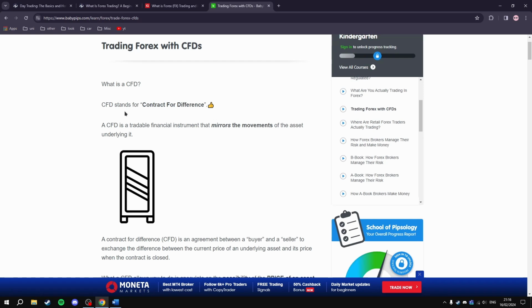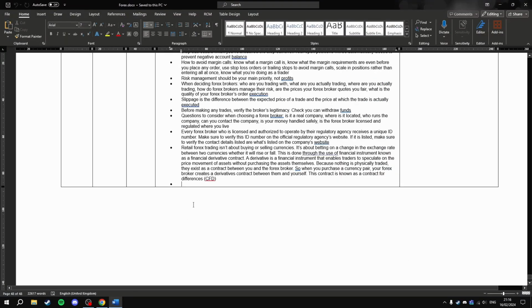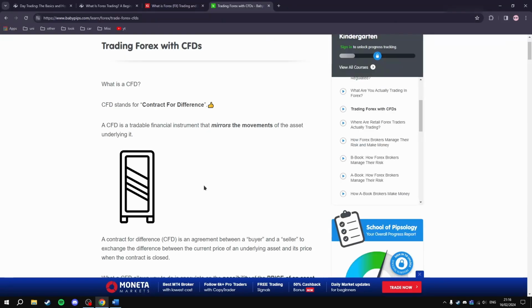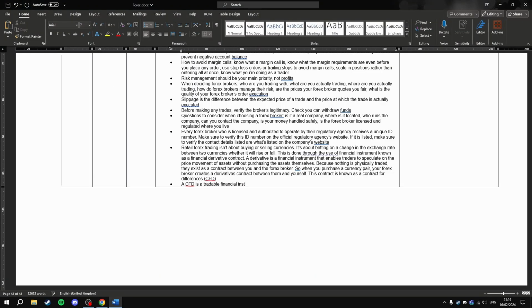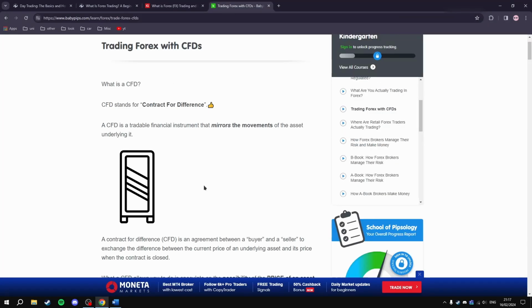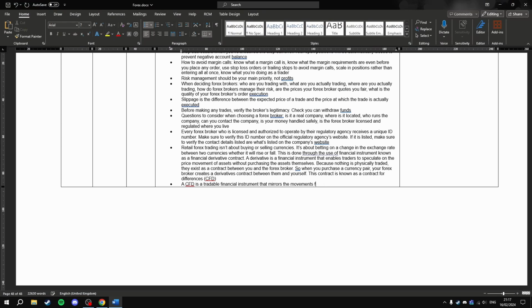What is a CFD? CFD stands for contract for difference. A CFD is a tradable financial instrument that mirrors the movement of the asset underlying it.